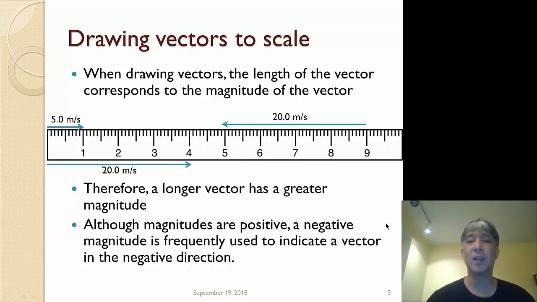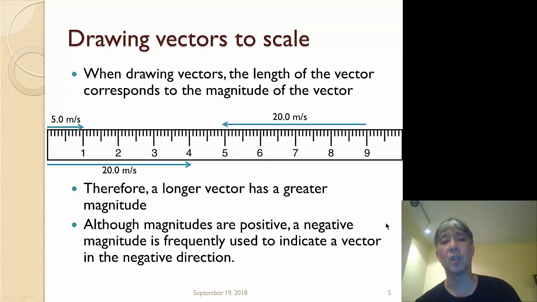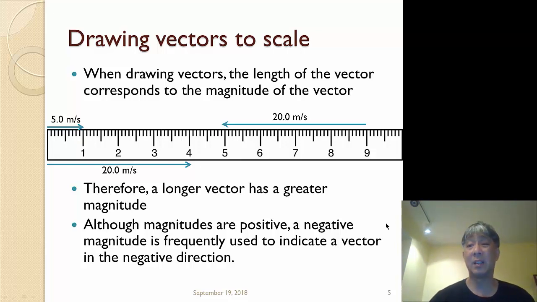And that's what it is with negative vectors. It just means that the given direction, if I say 20 meters per second to the right, and if I said minus 20 meters per second to the right, it sounds odd because it is, and what I really mean is that it's 20 meters per second, but in the opposite direction to the one given, in this case, to the left.